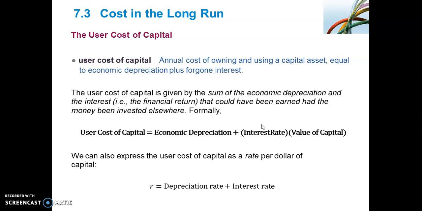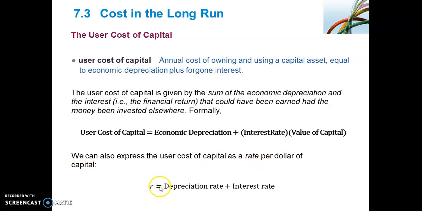Plus, you could have earned 10% on investing that 200,000 Rand had you not bought the printers. So 10% of the 200,000 plus the 10,000 each year gives you some idea of the user cost of capital per year, or the annual cost of owning that equipment had you purchased it as opposed to just renting it. We can also express the user cost of capital as a rate per dollar of capital.